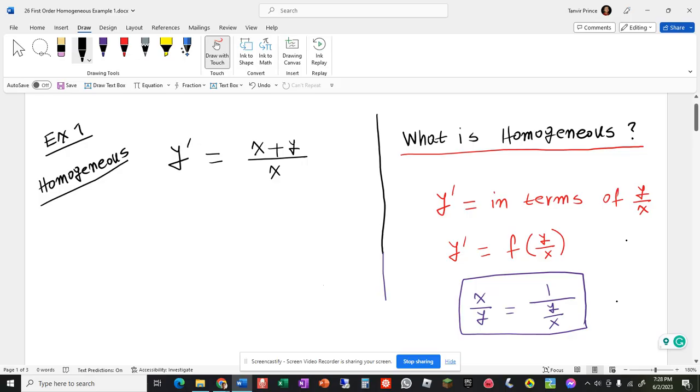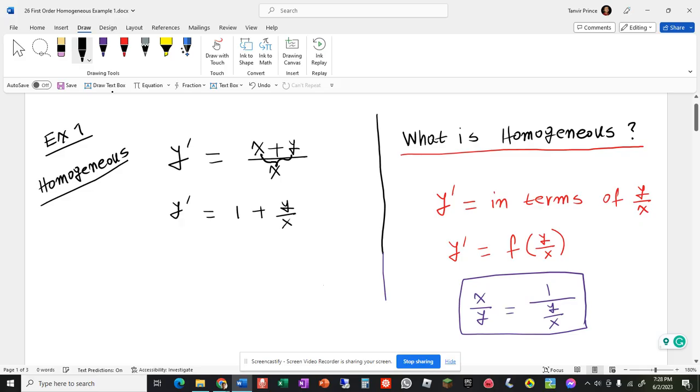So let's look at our very special first example, and this is going to be quite simple. Sometimes you have to do some manipulation or algebra before you can see that you can write it in terms of y over x. Here I can distribute this x under each term, and you end up with 1 plus y over x.